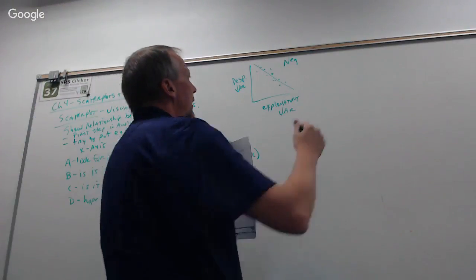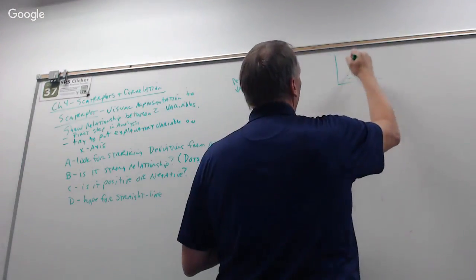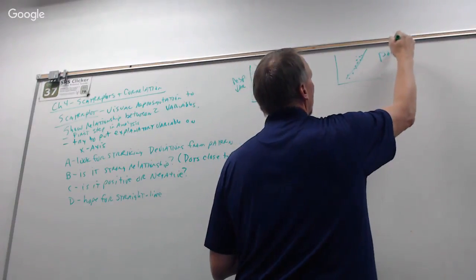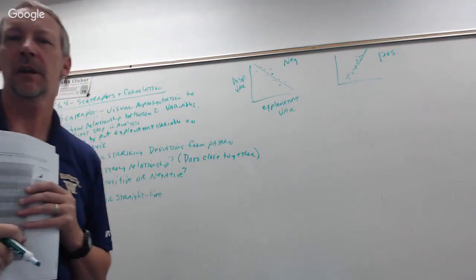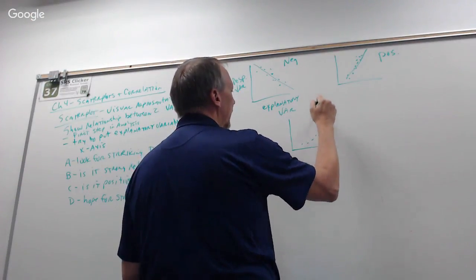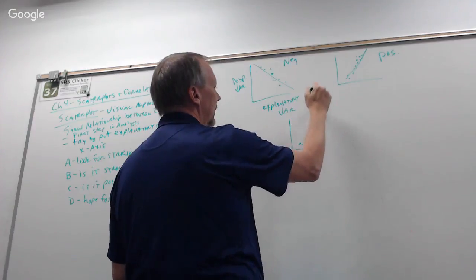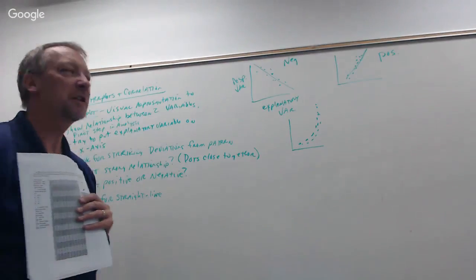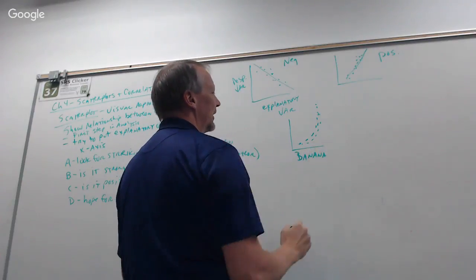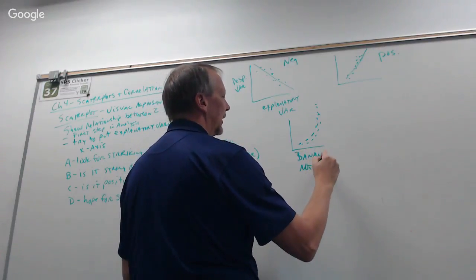So this would be an example of positive correlation. Okay. Now you may see something that looks like a curve. Okay. Do you see how that looks like? Sometimes we call that the banana. Okay, this is not a straight line.